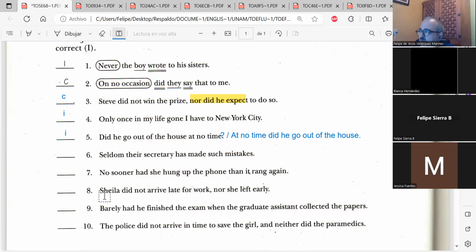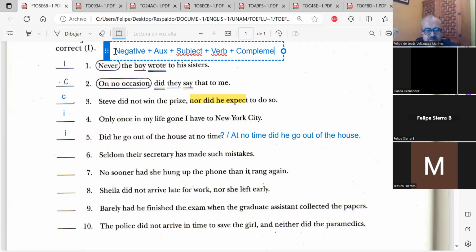Okay, Blanca. Seldom their secretary has made such mistakes. It's not correct, because the negative is seldom. So after seldom, auxiliary, subject, verb. You have to pay attention that you have negative plus auxiliary plus subject plus verb plus complement.